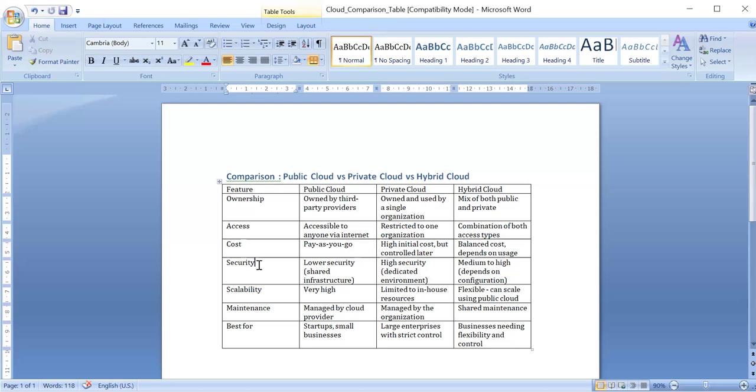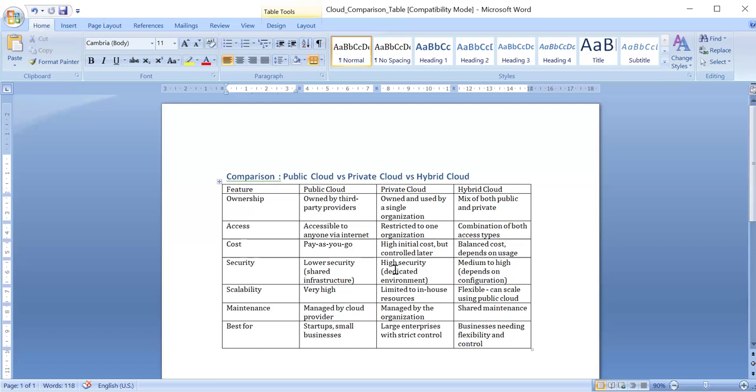Next is about security. Public cloud has lower security because the public cloud is shared with many users. That's why it has lower security.